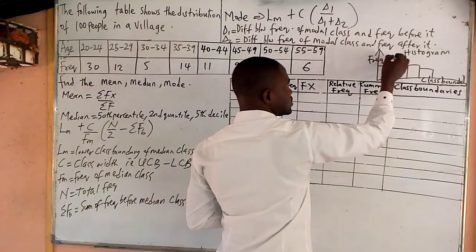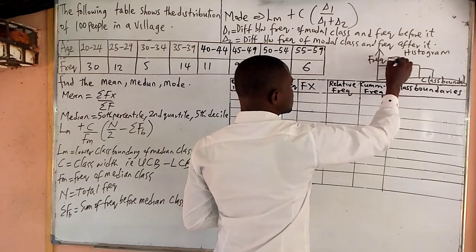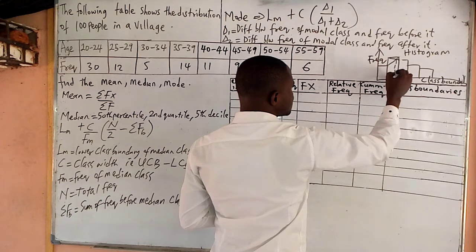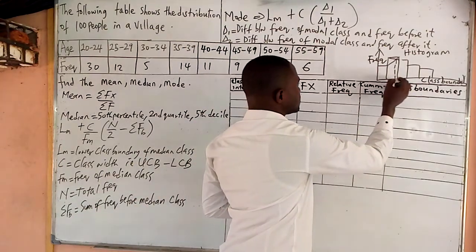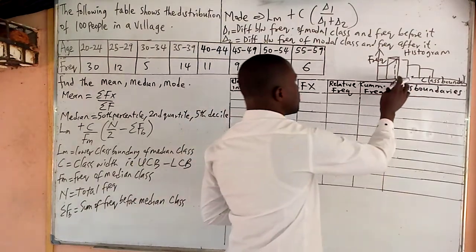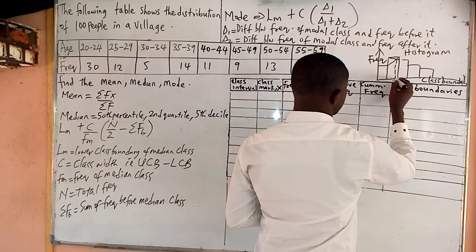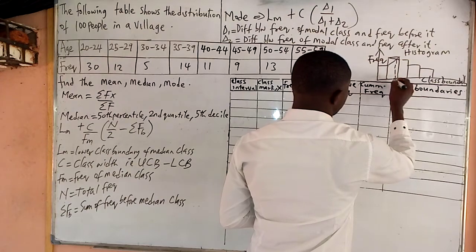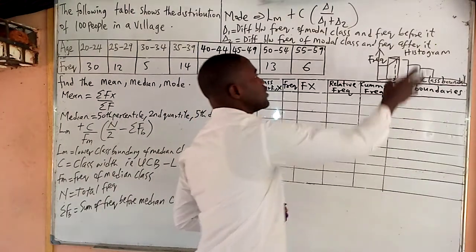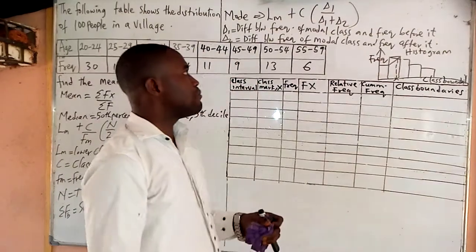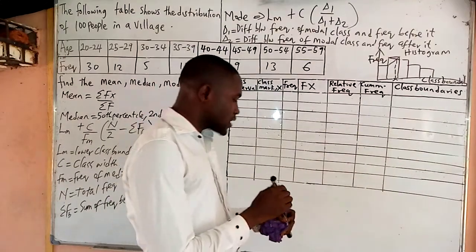After connecting, trace their point of intersection to the x-axis, trace it down and extrapolate the value. That value will be your mode. So mode is gotten from a histogram graph, and median is gotten from an ogive or cumulative frequency graph.